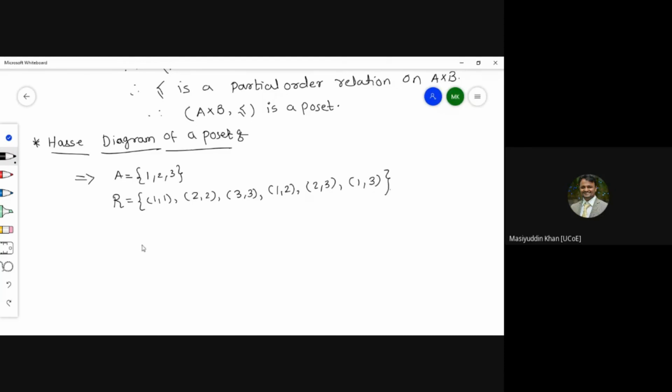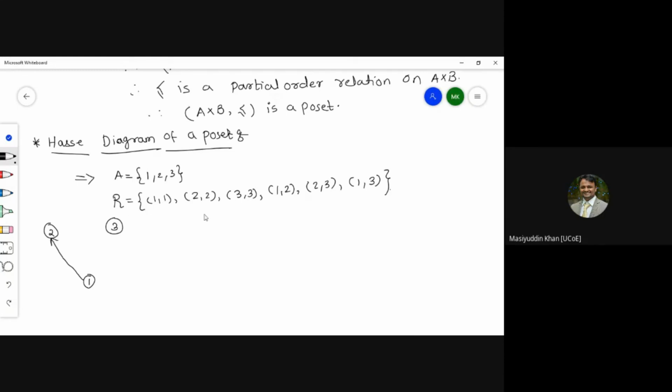Now first we have to draw a diagram. Already I explained about the diagram, how to draw a diagram. So whatever the relation is given, by using that relation we can draw the diagram. So just taking 1, 2, 3. So 1,1 is there, 2,2 is there, 3,3 is there. Now 1 to 2 is there, so we have to draw that, 1 to 2.